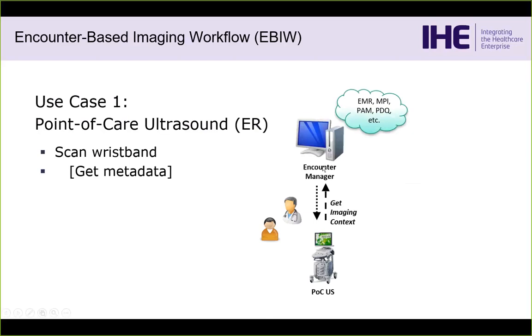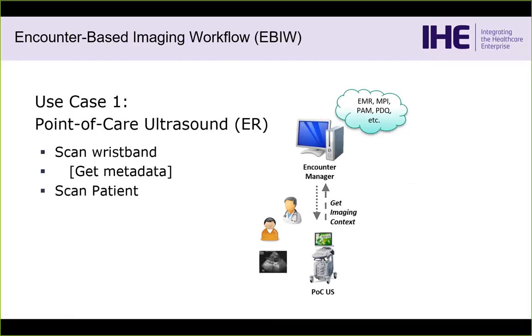Now, the encounter manager could be an additional function that gets built into the RIS. It could be a feature of your EMR. It could be a standalone device that's using one of the other IHE profiles to maintain a list of patients and encounters. The profile decided to leave that up to the implementation. But the main point is that there is a place that the cart can talk to get the metadata.